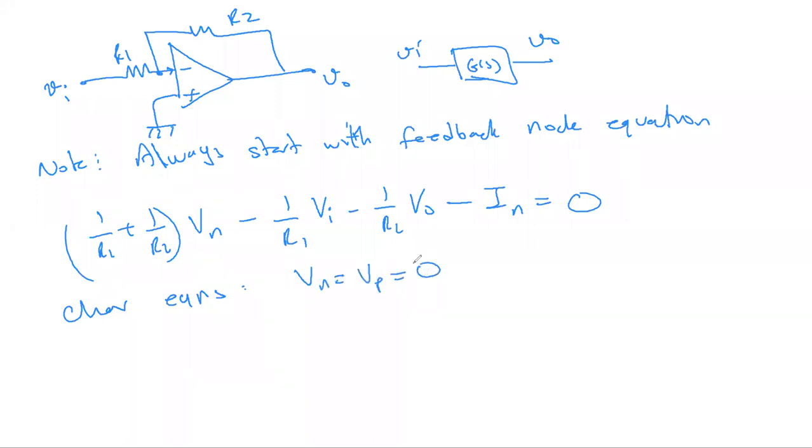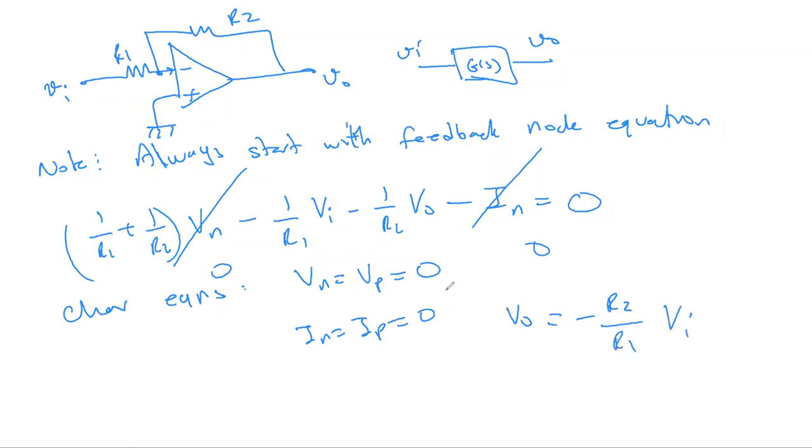Vp is connected to ground, so Vn is equal to 0. And In is equal to Ip is equal to 0. In is equal to 0. This is actually V0 is equal to minus R2 over R1 Vi.